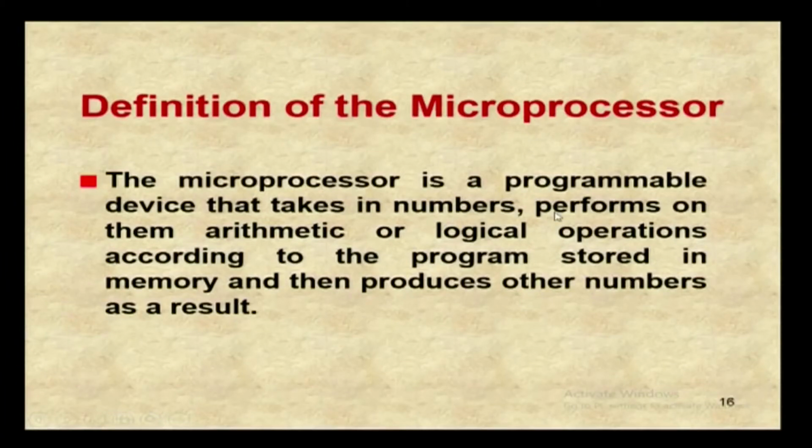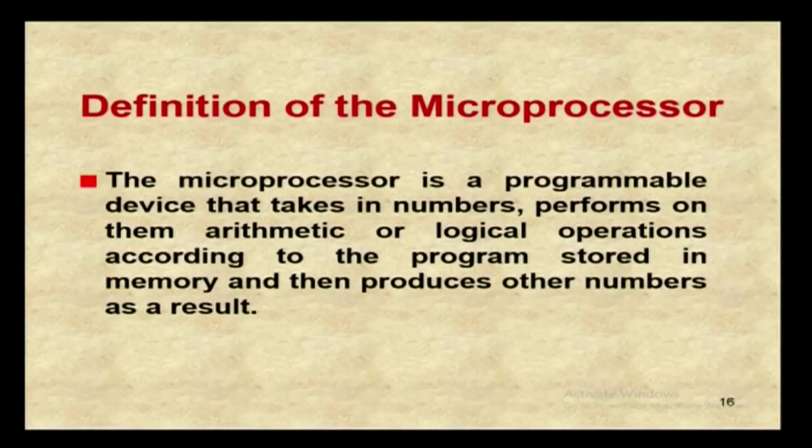It takes numbers, which have to be represented by binary numbers only, and does arithmetic and logic operations. We have to give instructions to the microprocessor to perform the operation. The instructions are called a program, and these programs are stored in memory locations. The microprocessor takes the program stored in memory and performs whatever operation you want it to do.